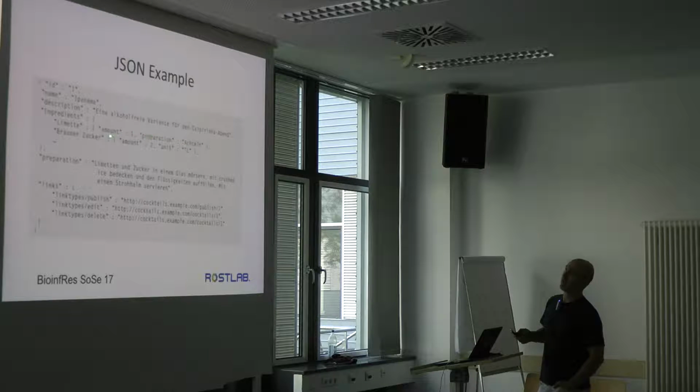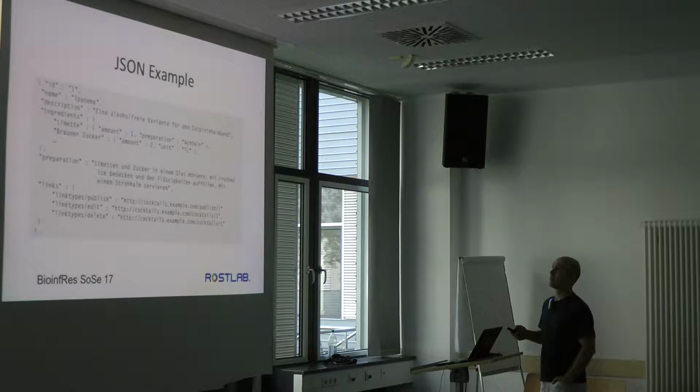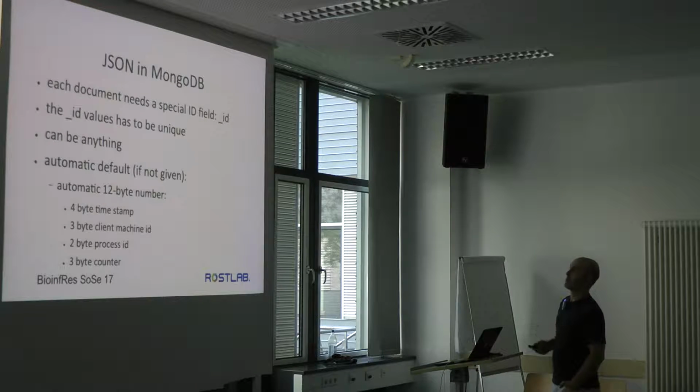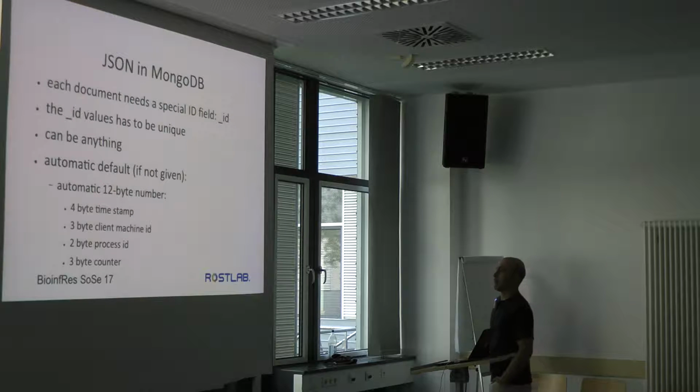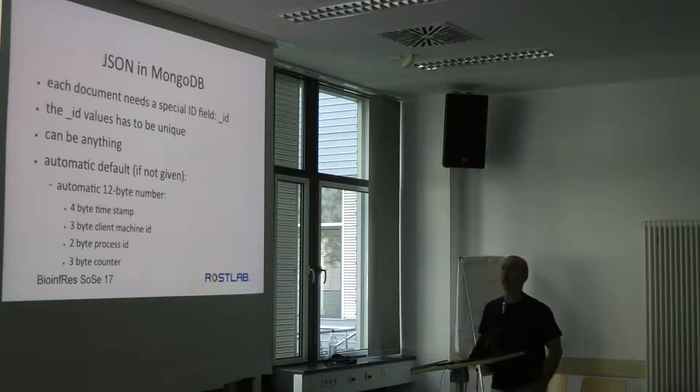That means a value can be another document. So here this is a nested document which has other keys, and then the amounts. You can also, we will see this later, have lists of documents, and then the lists are used with brackets.